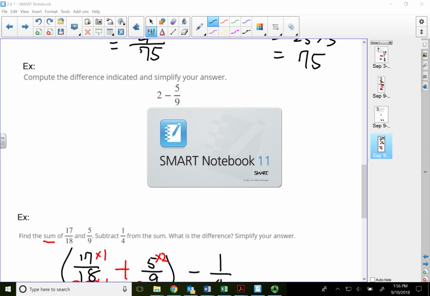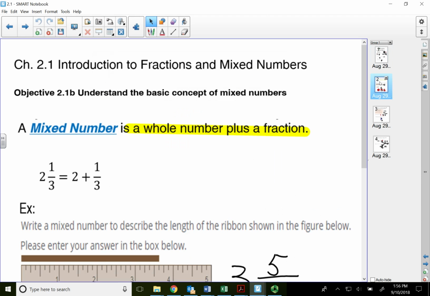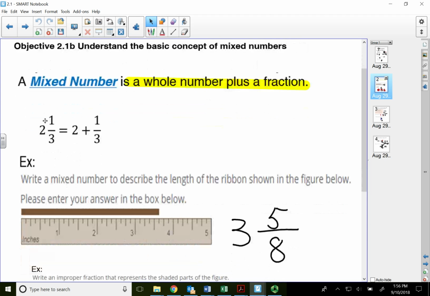Just bear with me. What is a mixed number? Recall, a mixed number is a whole number plus a fraction. So whenever we have a mixed number, it's a whole number plus a fraction.